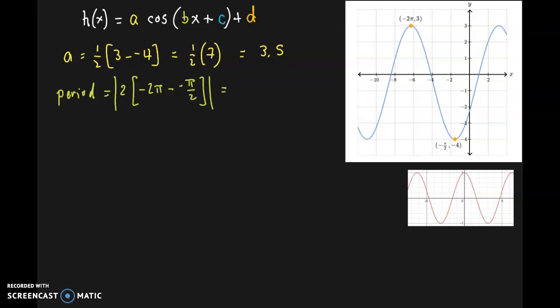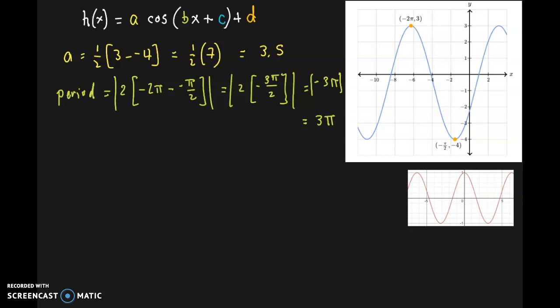So this is going to be the absolute value of 2 times negative 3 pi over 2, difference between 2 pi and a half pi, 1.5, and therefore it's going to be the absolute value of, the 2's cancel out, absolute value of negative 3 pi, or the period is 3 pi. So the period is going to be 3 pi.